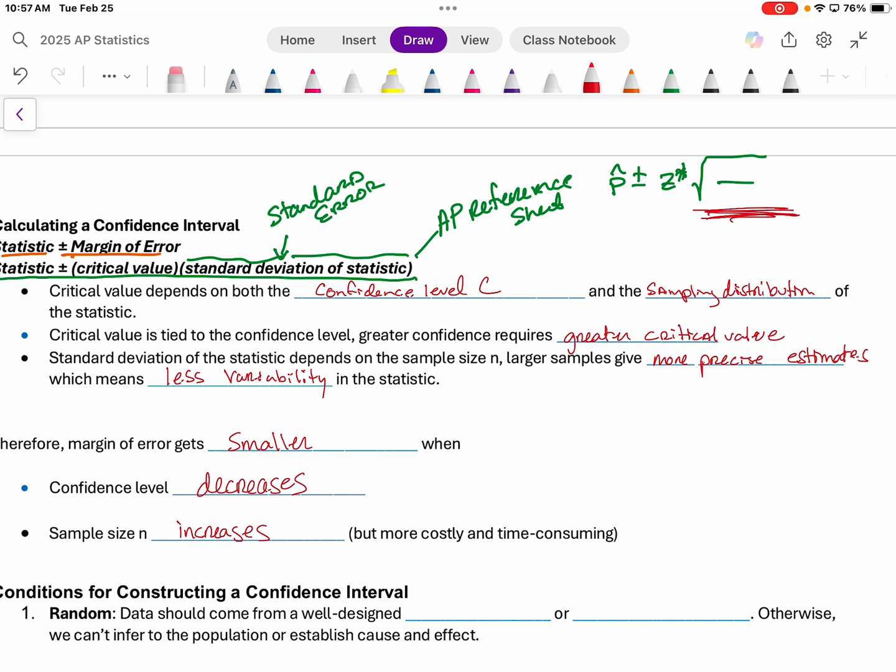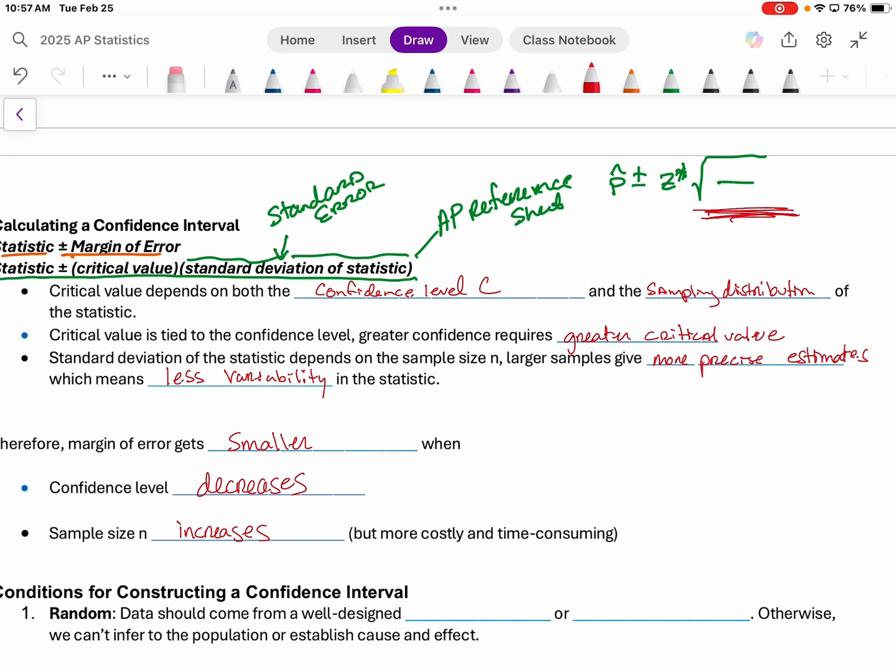So if I go from 90 to 97 in the confidence level, my margin of error gets bigger. The margin of error gets smaller when the confidence level decreases. If I go to a smaller sample size, so go from 100 to 20, then my margin of error will get bigger.